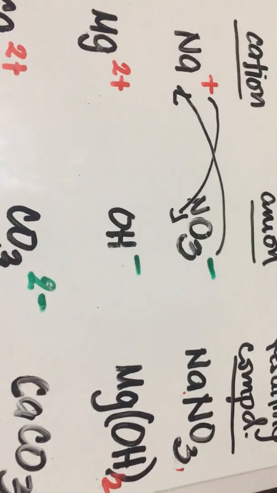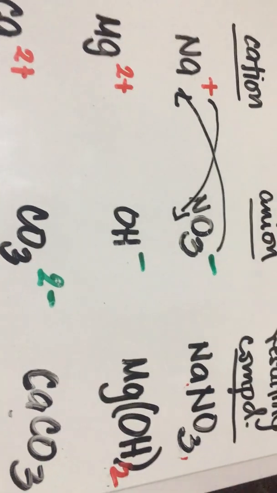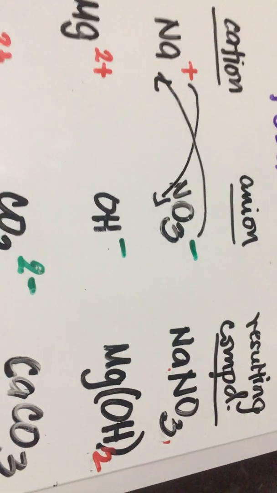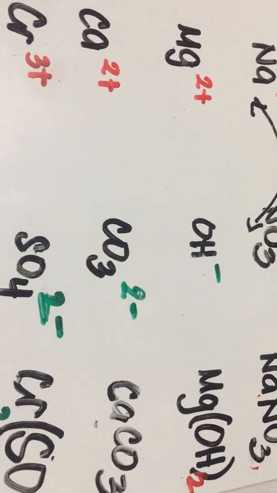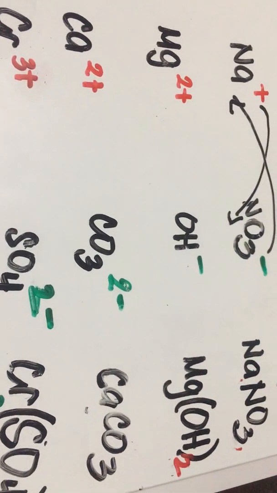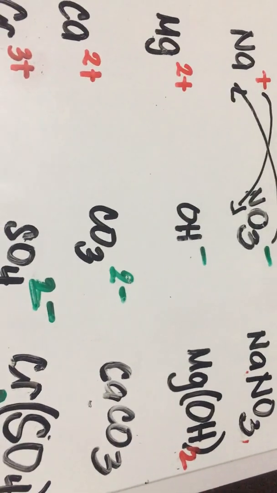Okay, in the second example, that is a product of magnesium and the hydroxide ion, so that's magnesium hydroxide. Right, so in naming compounds with polyatomic ions, you just give the name of the cation and the name of the polyatomic anion. In here you have calcium carbonate.